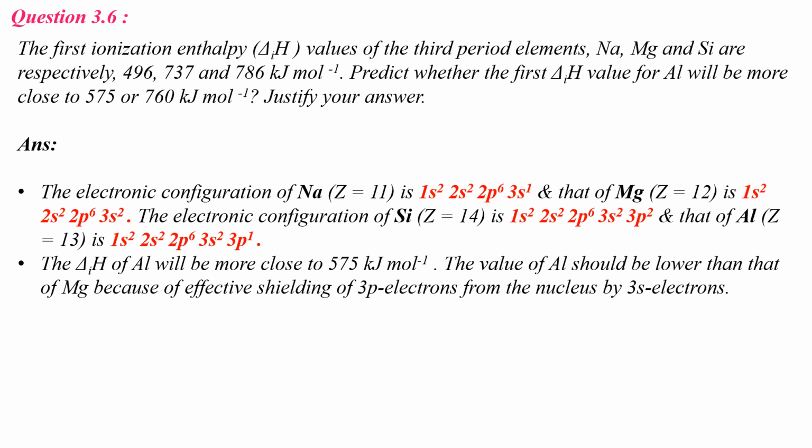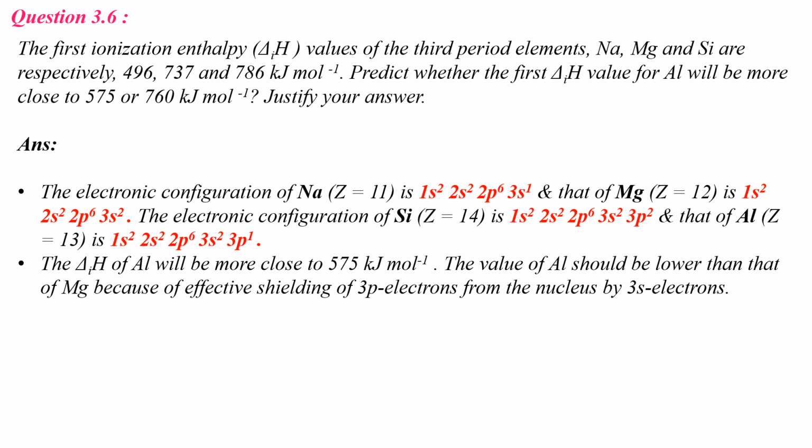The electronic configuration of sodium with atomic number 11 is 1s2 2s2 2p6 3s1, and that of magnesium with atomic number 12 is 1s2 2s2 2p6 3s2. The electronic configuration of silicon with atomic number 14 is 1s2 2s2 2p6 3s2 3p2, and that of aluminium with atomic number 13 is 1s2 2s2 2p6 3s2 3p1.